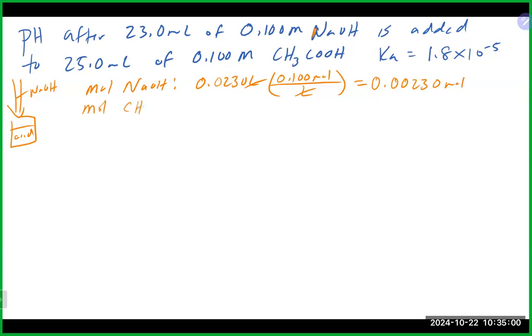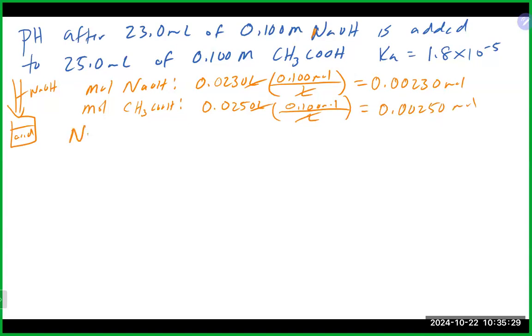We'll do the same thing for our acetic acid. Moles of acetic acid: we'll take our volume, convert it to liters, divide by 1,000, or move the decimal point over. 0.025 liters times 0.1 moles per liter. Liters will cancel, and that gets us 0.0025 moles. All right, so now we can write our reaction for our ICE table.